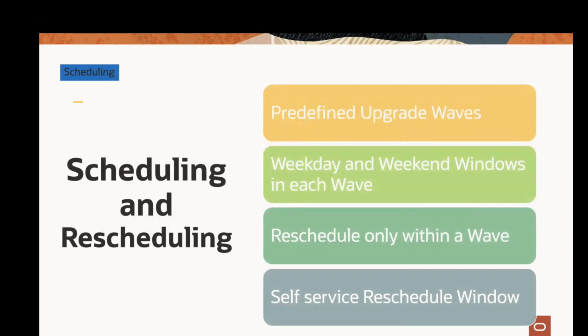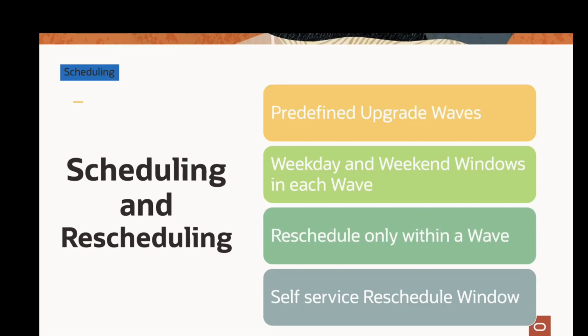Scheduling and rescheduling, as mentioned, we will begin scheduling you into predefined upgrade waves, similar to Gen 1, if you recall. But what we're providing you is a handful of options within weekdays and weekends within a wave that you can reschedule yourself to.